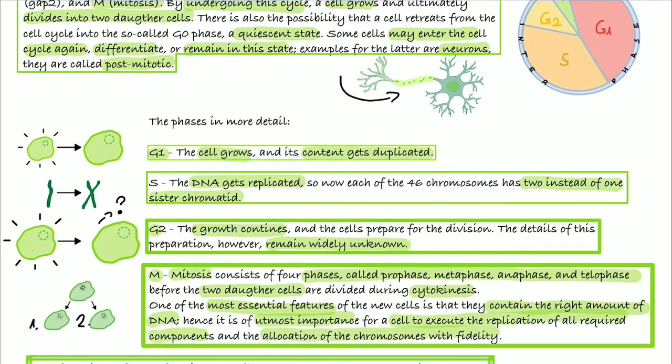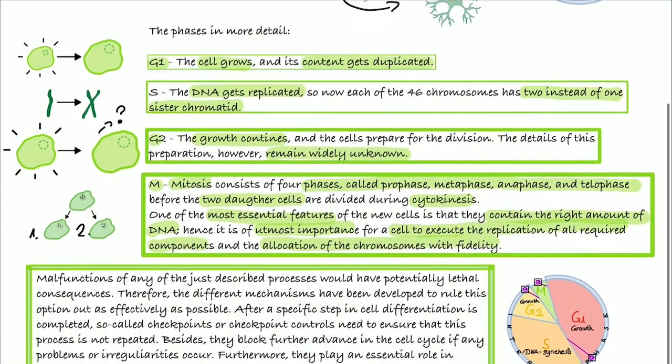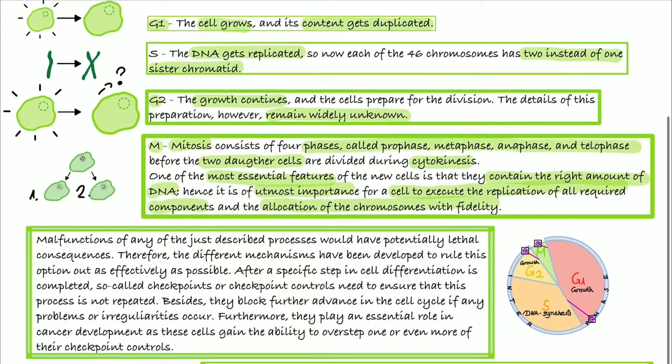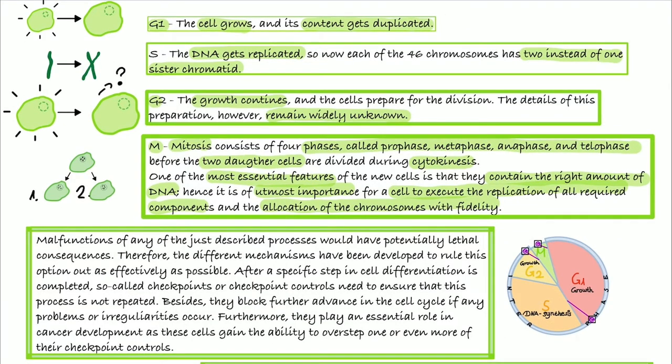As I said before, malfunctions would have potentially lethal consequences. So we've got different mechanisms that ensure that everything works as it should. Every time a cell completes a specific step within the cell cycle, so-called checkpoints or checkpoint controls are used to ensure that this process is not repeated again.